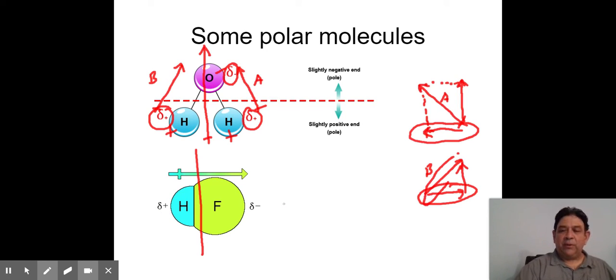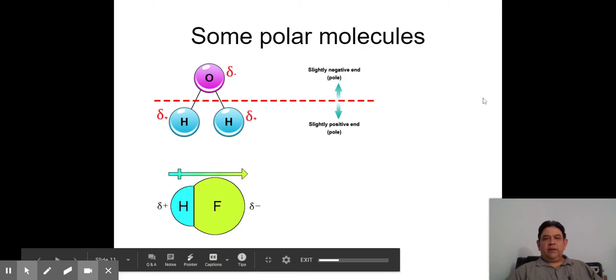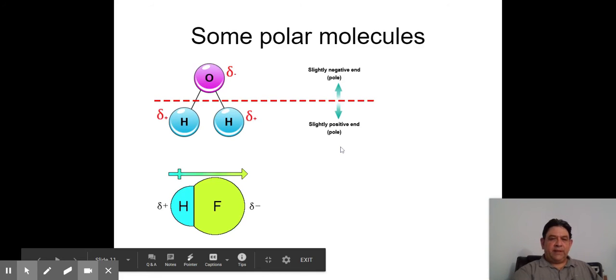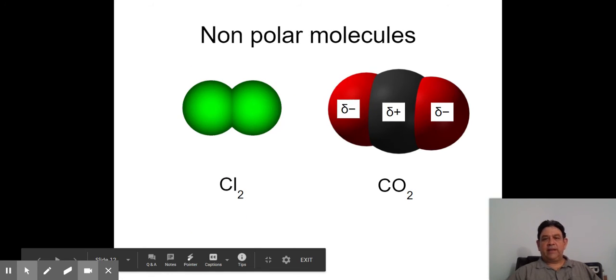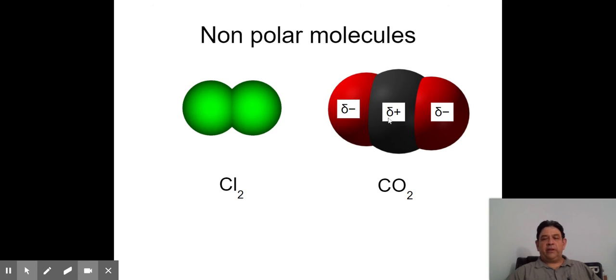Now let me contrast that with a nonpolar molecule. Okay, so let's take a look at some nonpolar molecules. Both of these molecules are nonpolar, but for different reasons. Cl2 is nonpolar because both atoms are the same element, thus they have the same electronegativity.